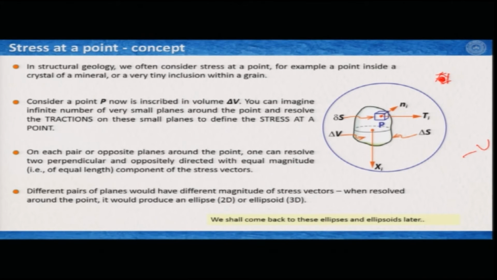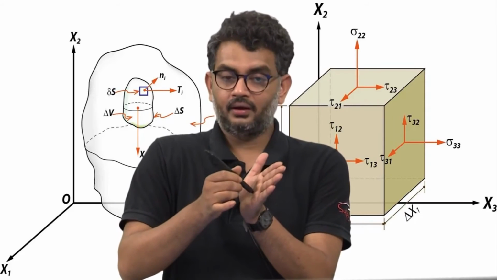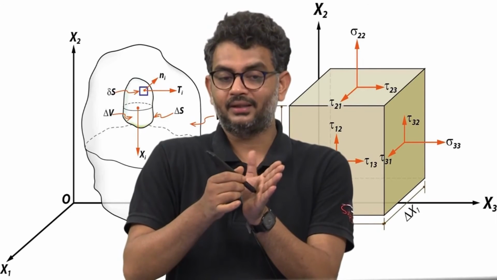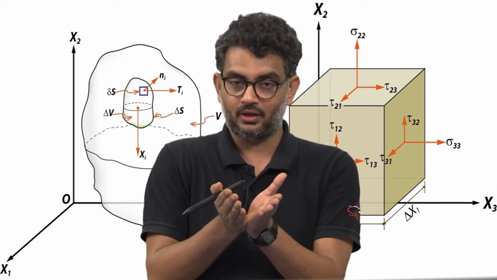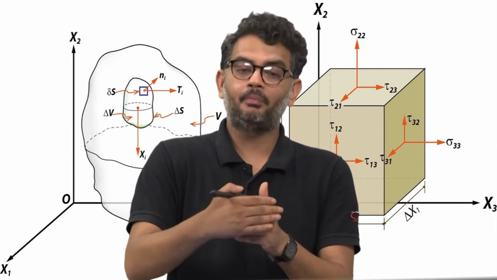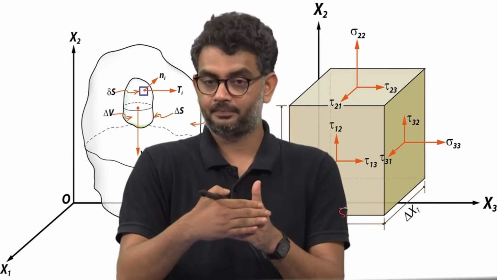Now, if I have a little point here and I have two planes oppositely directed, and a force is acting on this plane, then it is highly possible that these oppositely directed magnitudes are equal, but with another pair of oppositely directed planes the magnitude may be different.